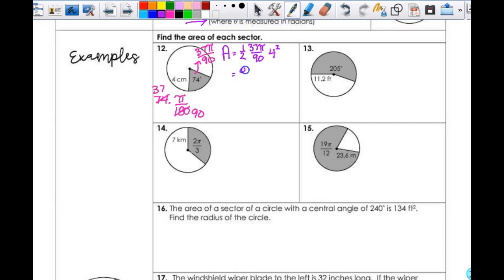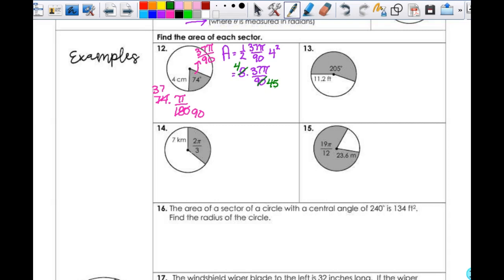8. So this can become 8 times 37 pi over 90. Can I reduce that? Yes. I can reduce these both by 2. So this becomes 4. This becomes 45. Can I reduce it anymore? No. And if it's reduced all the way, once I multiply it together, I can't reduce anymore. So 4 times 37, I can multiply by 2 and multiply by 2 again. What's 2 times 37?